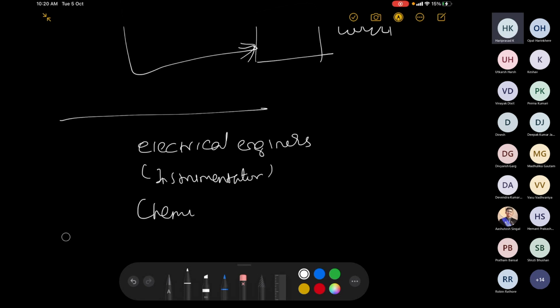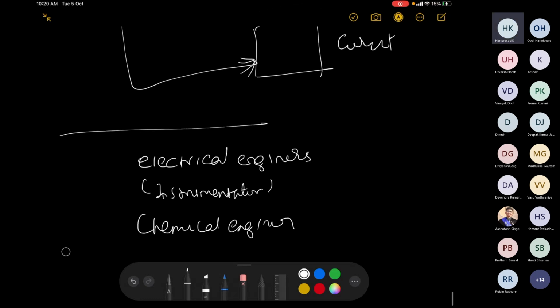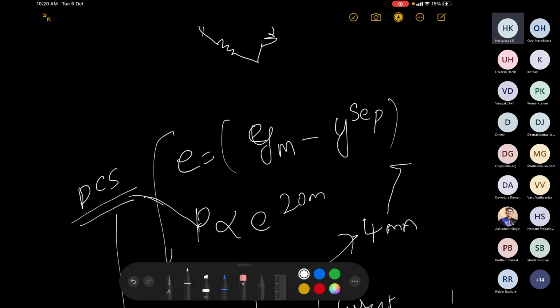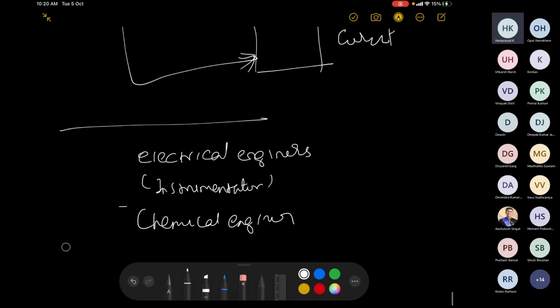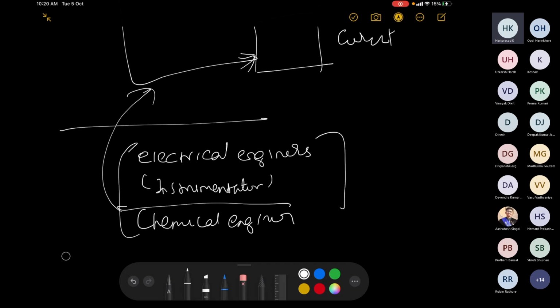Of course, chemical engineers are inevitable to explain the logic of the circuit. In many industries, even chemical engineers are capable of doing this, because over time the roles have changed. But eventually, it is a mix of these two groups that would be involved in doing this.